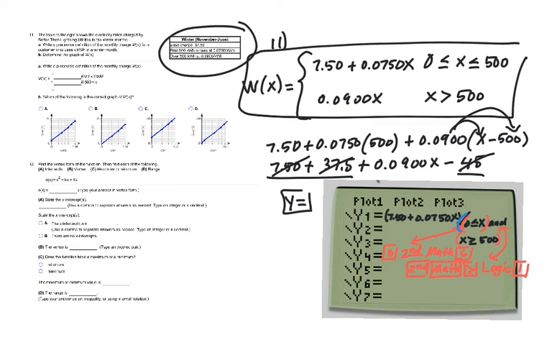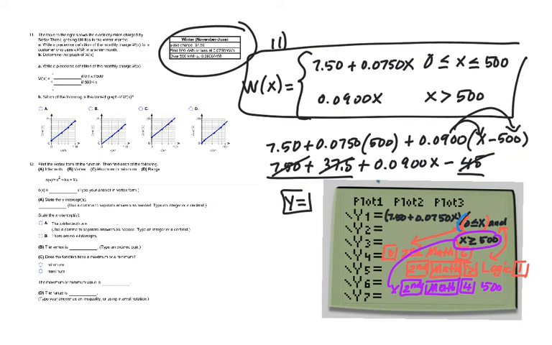So for this portion, let's do that in purple. I'll type in the X,T,theta,n button first, and then second, math. Greater than or equal to will be number 4, so you'll choose 4, and then you'll type 500.